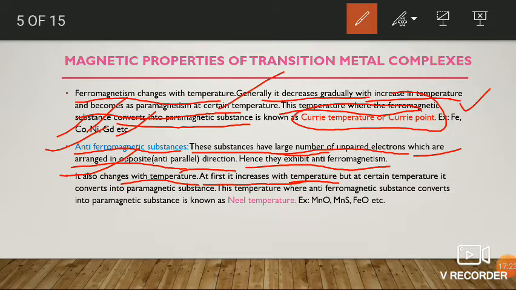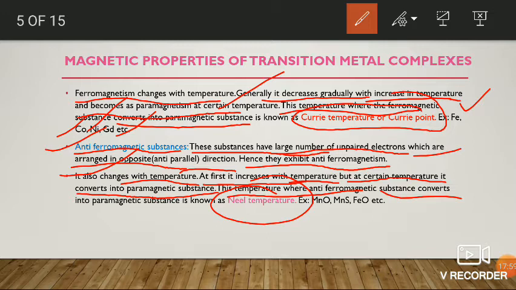That's why the magnetism increases. That is, at first the magnetism value increases with temperature, but after reaching a certain temperature, the substance converts into a paramagnetic substance. This temperature, where the antiferromagnetic substance converts into a paramagnetic substance, is considered the Neel temperature.